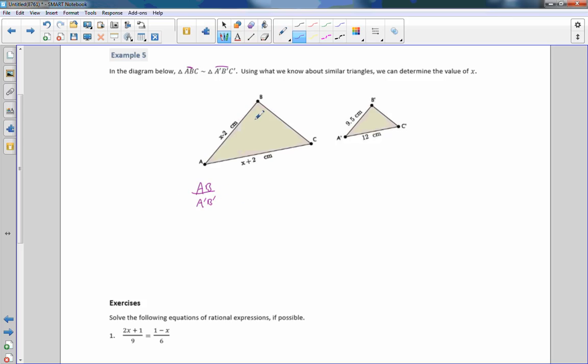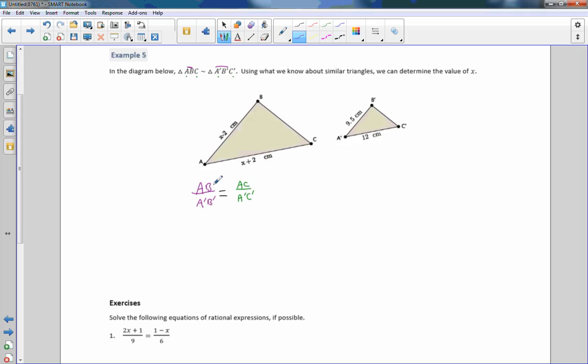And we're going to set up a proportion, so I'm going to say equals, and then I need AC. So AC is 2, and notice A is here and C is here, so A prime, C prime, first, last is what they correspond to. So there's my corresponding proportional setup.